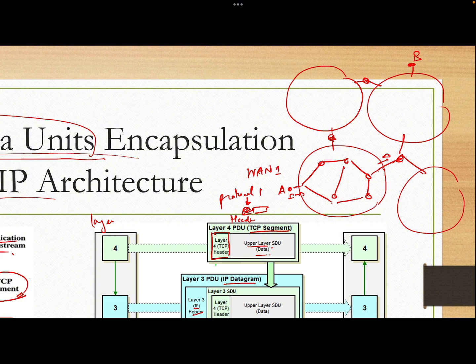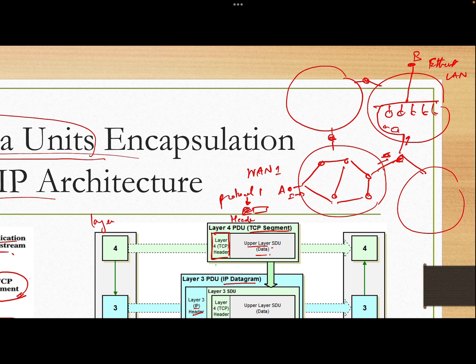When you send to B, maybe it uses bus topology. So B uses the Ethernet protocol, Ethernet LAN. So B is connected to the bus here. When the packet arrives here, suppose this one uses broadcasting.